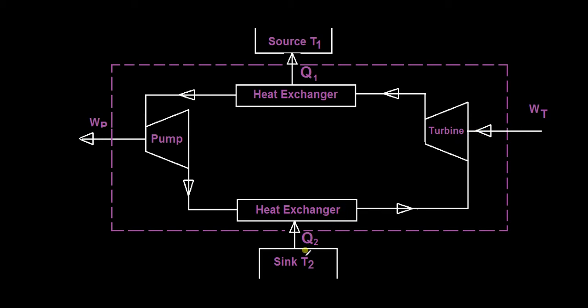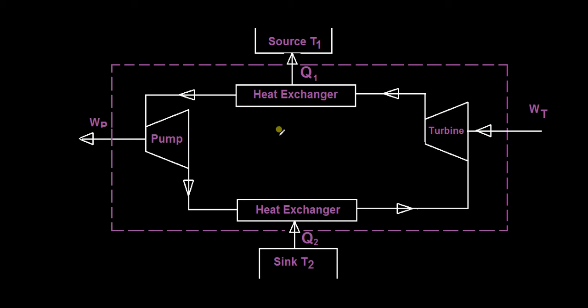And we had a heat transfer of Q2 from the heat exchanger to the sink at temperature T2. Now that has been reversed, that is, the heat transfer is from the sink to the heat exchanger. And we also had a pump work that is given into the pump in the Carnot cycle, which is now reversed and shown as work that is produced from the pump and coming out from the system boundary.